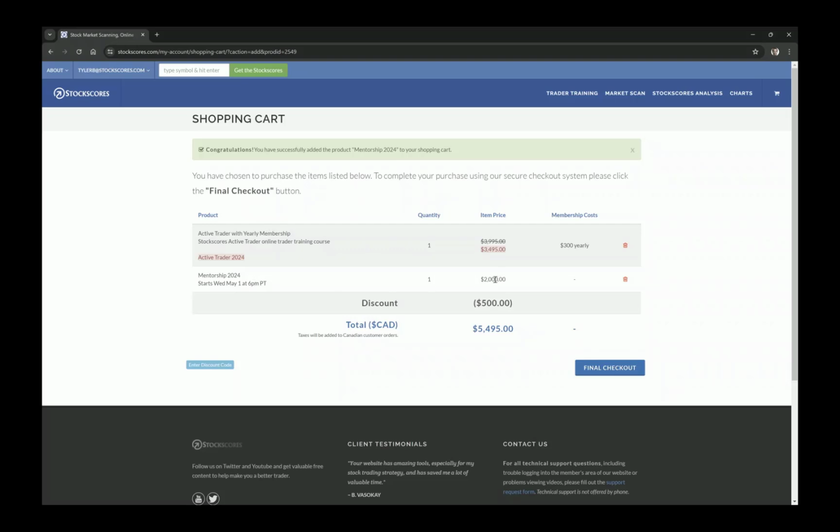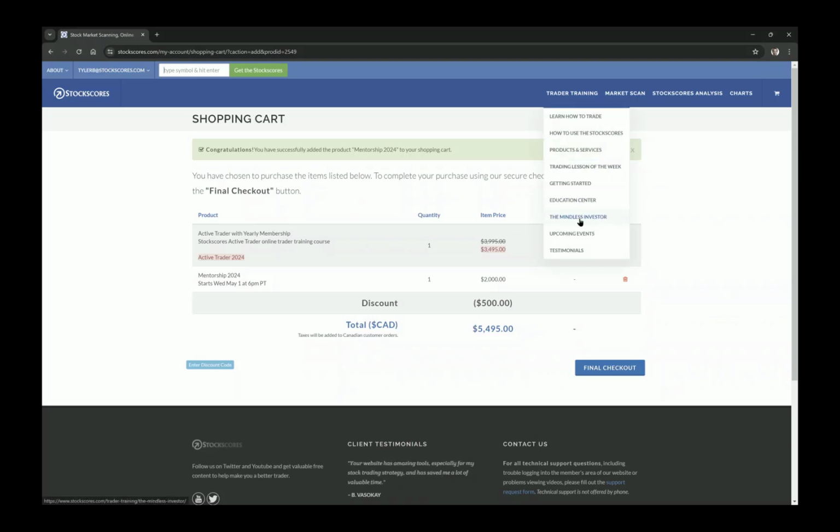You have to do it in 2 steps. Now notice I'm not doing it in 2 steps. It won't actually work properly, because you have to be an active trader member in order to buy the mentorship. So buy the active trader first or upgrade to the active trader. I'll show you how to upgrade in a second. And then log out, log back in, and you'll have access to all the active trader material, but then you can also sign up for the mentorship.